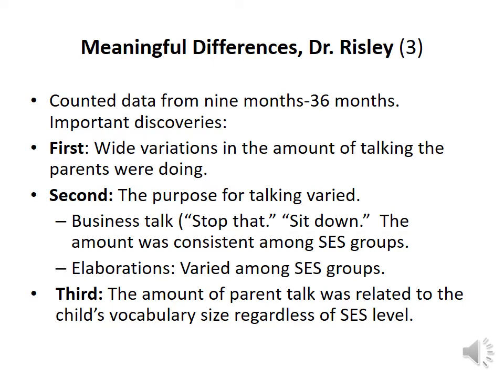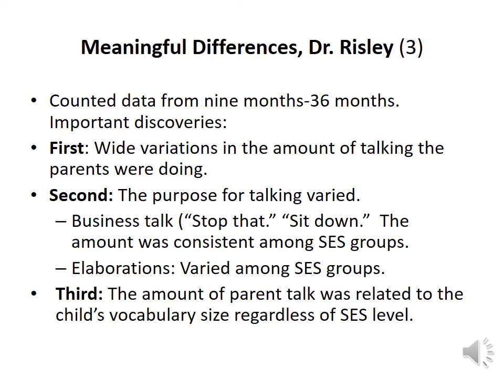And the elaborations did vary among the socioeconomic groups, with the most elaborations occurring among those professors' children, the high SES groups, and the lowest number of elaborations occurred in the low SES groups.